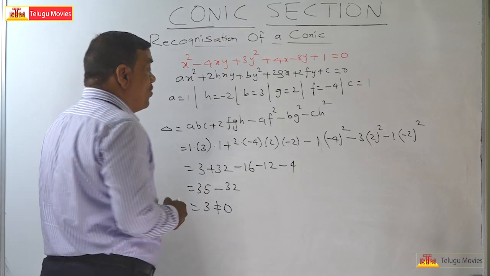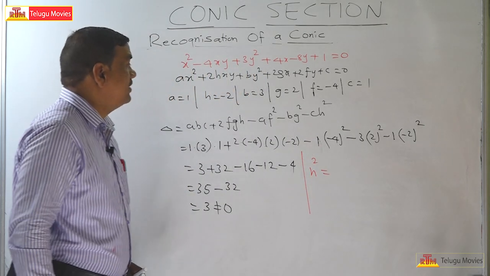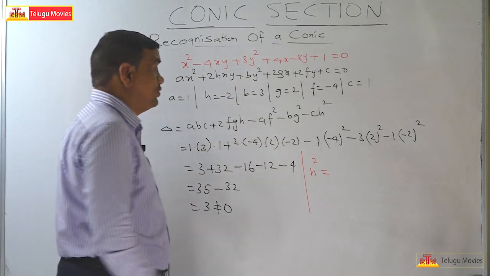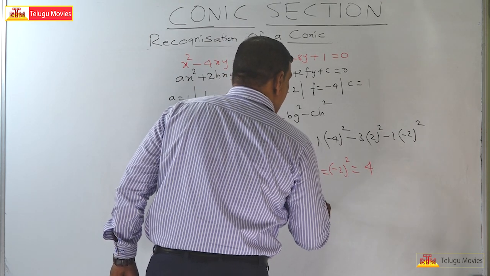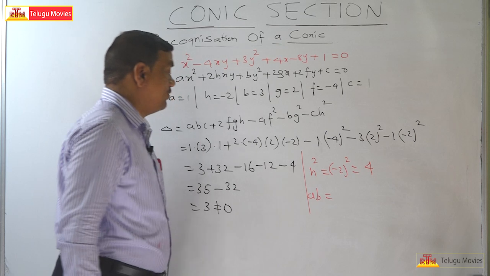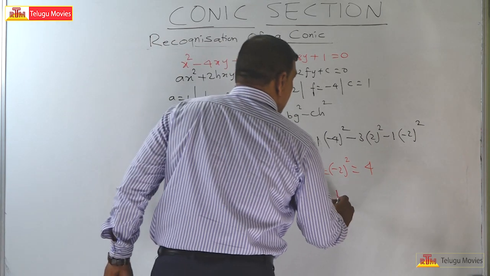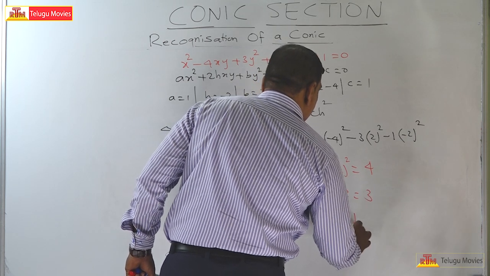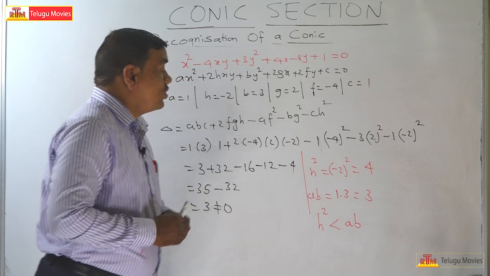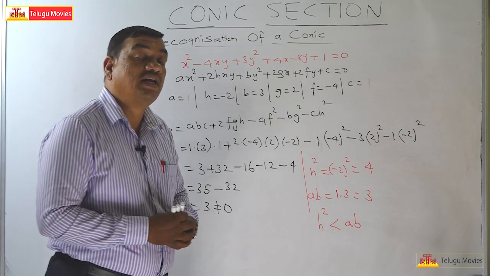Next we will go for the H square value. What is the H square value? H value is minus 2, so minus 2 whole square is equal to 4. Now find the AB value. A value is 1 and B value is 3, that is 1 into 3, which is equal to 3. So H square is greater than AB... when H square is less than AB, let us see what conic it represents.